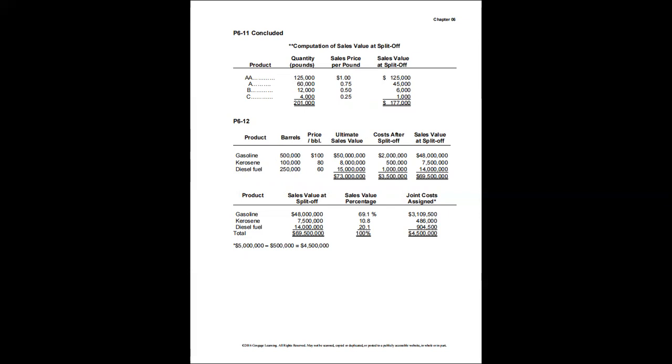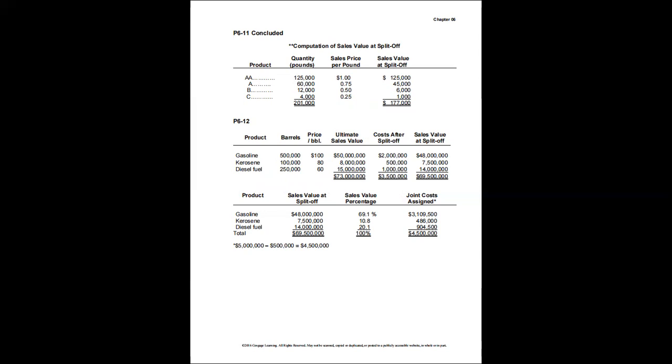6-12, joint cost allocation with cost after split off and byproduct revenue. Texas Oil Company transports crude oil to its refinery where it is processed into main products, gasoline, kerosene, and diesel fuel, and byproduct base oil.